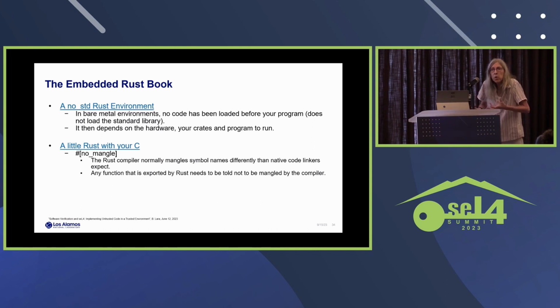Most people use a hosted environment, very much like a PC, but if you use the bare metal environment, then you're not pulling down the standard library. Now you're just depending on the hardware, your crates, and the program to run it in. Another attribute he took advantage of is no_mangle, to make sure that the Rust compiler didn't mangle the names so that the C program would not be confused about what to use.